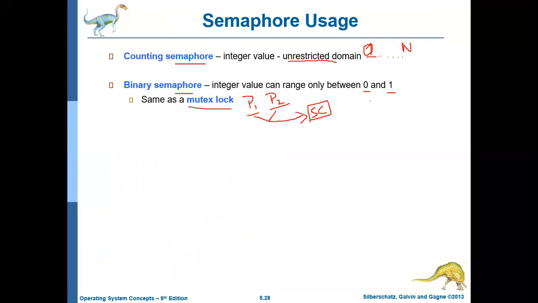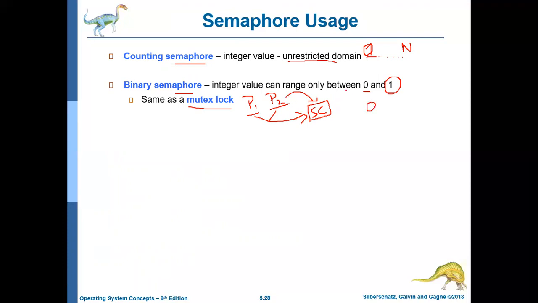Okay. So binary semaphore will be initially initialized to 1 because you have one resource available. Now if P1 takes the resource, then this semaphore value will be decremented by 1. That is, initially it was 1, now after decrementing it will become 0.